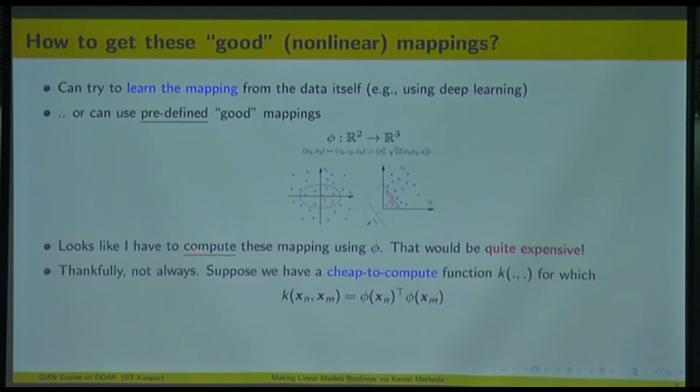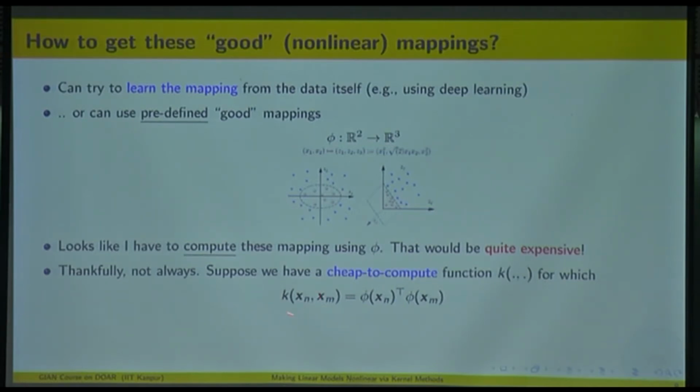But suppose we have a function k which takes as input two points xn and xm, and suppose this function is equal to the inner product of the two data points in the new space phi. Note that this is the similarity of xn and xm in the new feature space that I projected the data to, right? So suppose we have k of xn comma xm being equal to phi of xn transpose phi of xm.